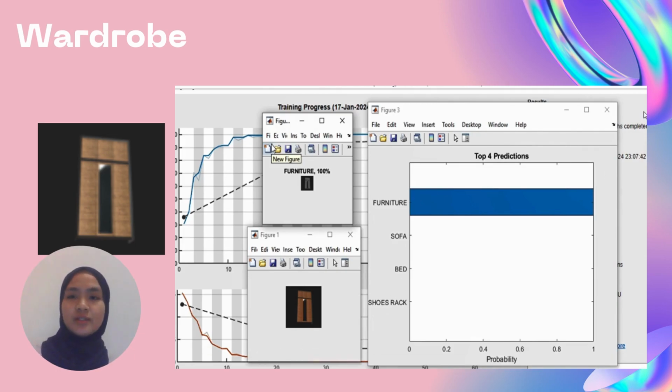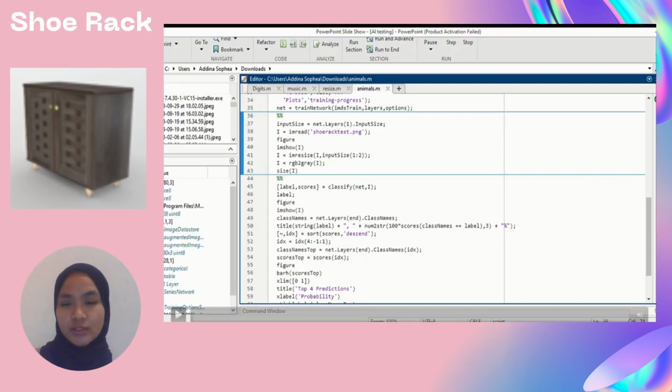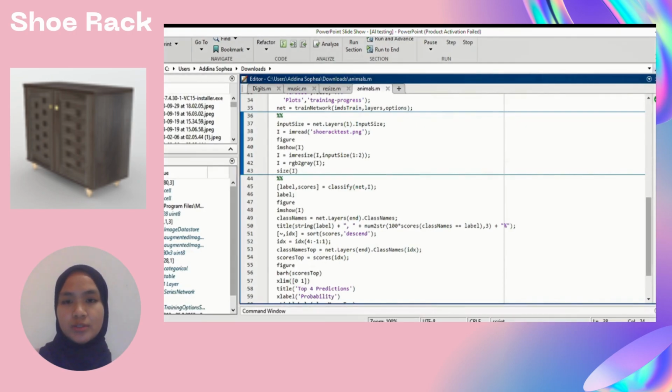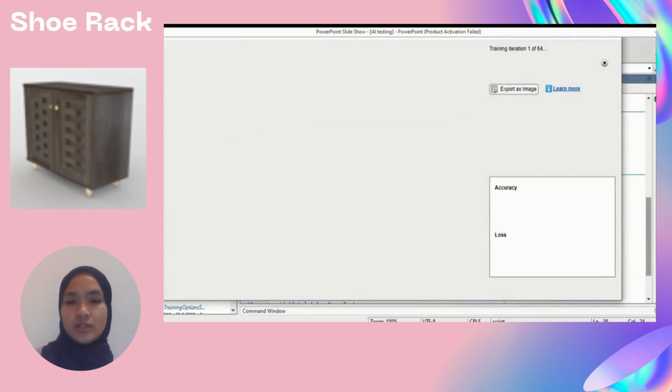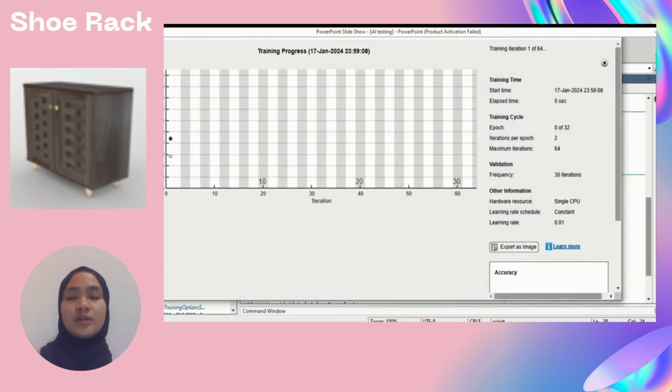So the second testing, the picture of the shoe rack that I put also as a tester on the slide, and I inserted the picture name for shoe rack test in the coding section and ran the code.